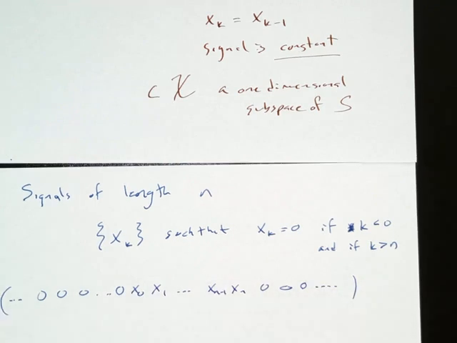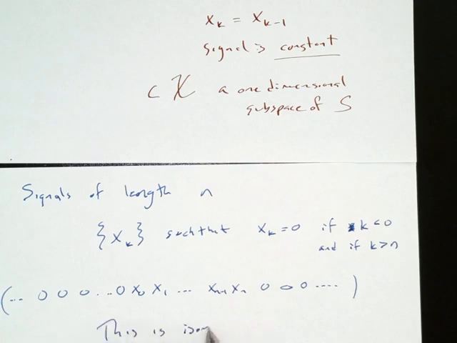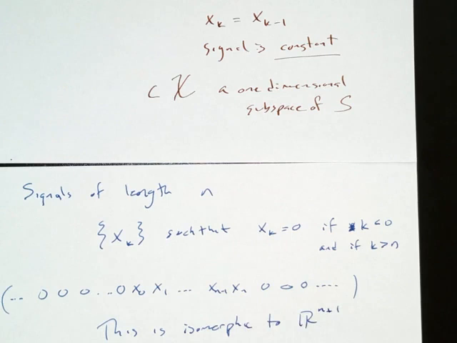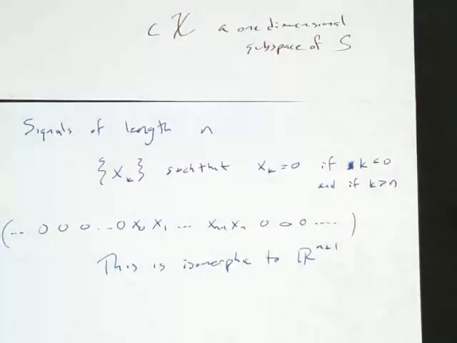My signal looks like that. This is isomorphic to R^{n+1}, because each vector has n plus 1 entries at most that are non-zero.